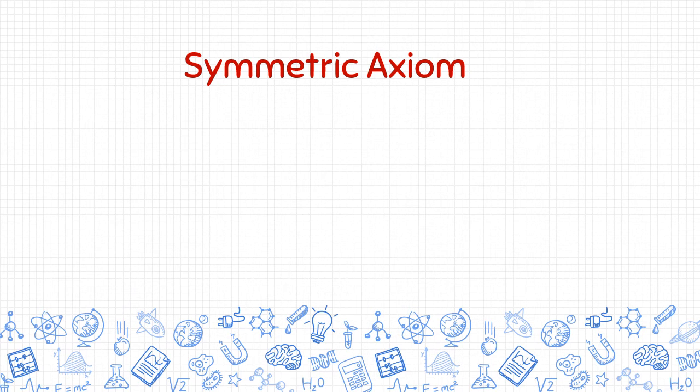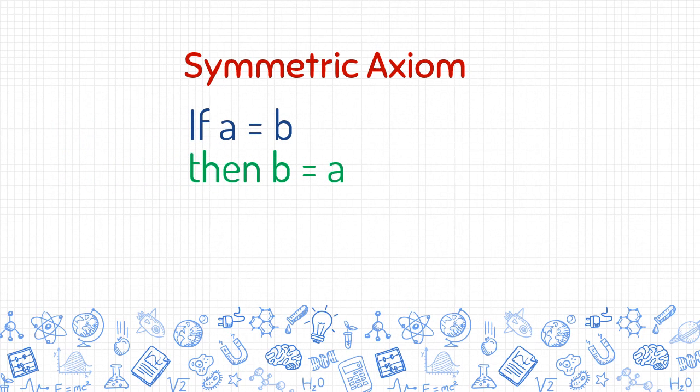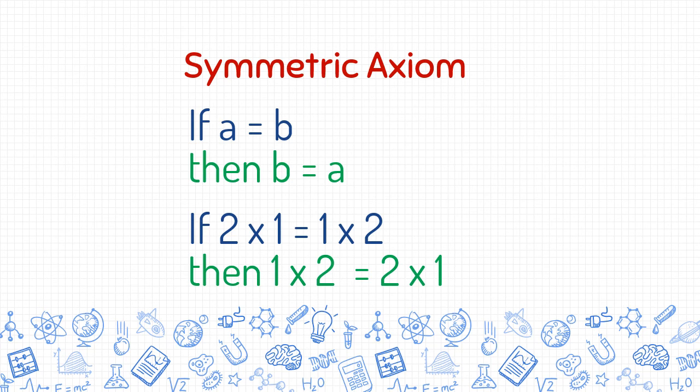Like for example, if A is equal to B, then B is equal to A. Example, if 2 times 1 is equal to 1 times 2, then 1 times 2 is equal to 2 times 1.